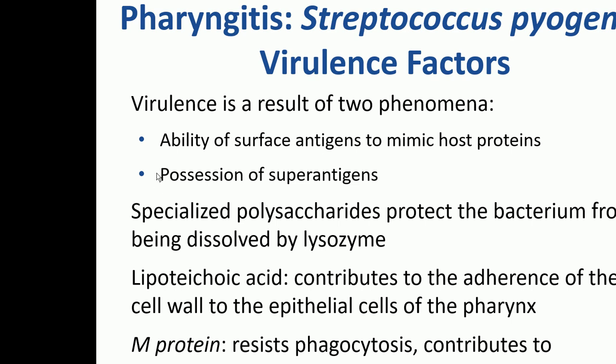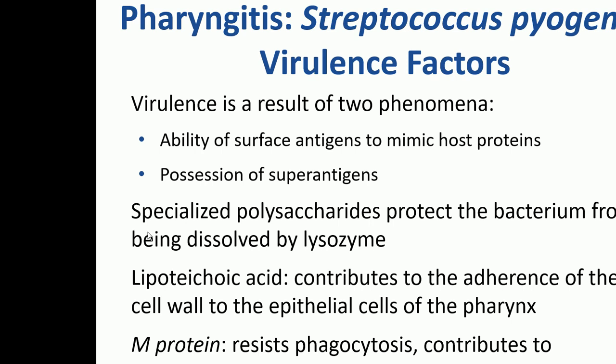This bacteria also has a specialized polysaccharide, and this specialized polysaccharide protects the bacterium from being dissolved by lysozyme. Lysozyme is an enzyme. So this bacteria has a polysaccharide coat which protects it from getting digested by this enzyme.